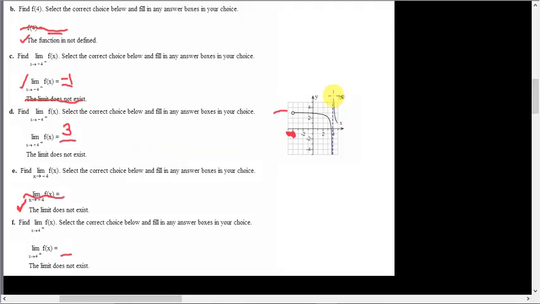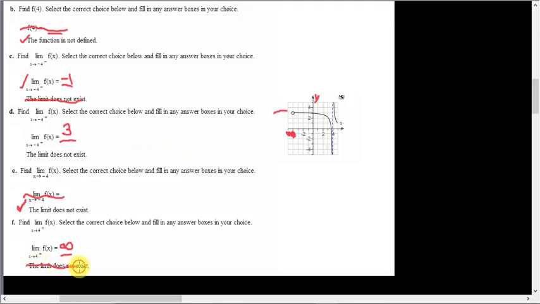Well, it looks like it's approaching infinity, doesn't it? So that'd be your answer, infinity. Because it just keeps going up and up and up, and it'll never reach 4, and the f of x value will get forever and ever. And so that's our answer.